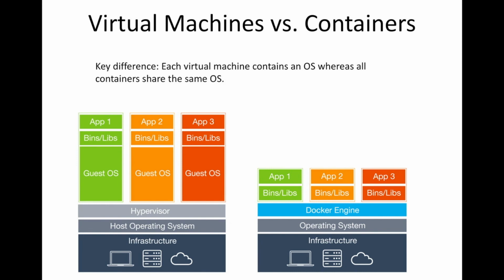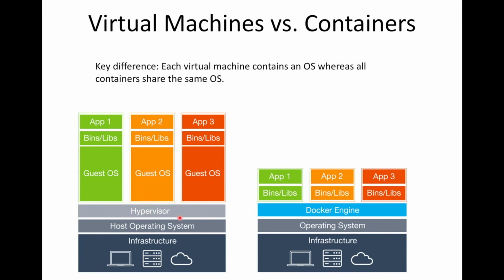And here's a diagram showing some of the differences between a virtual machine and containers. On the left-hand side, we have a virtual machine. In this case, this is like a type 2 hypervisor. So we have our server, and the server is running a host operating system, like let's say it's running Linux, and then we have a hypervisor.